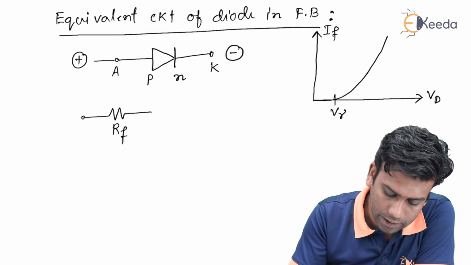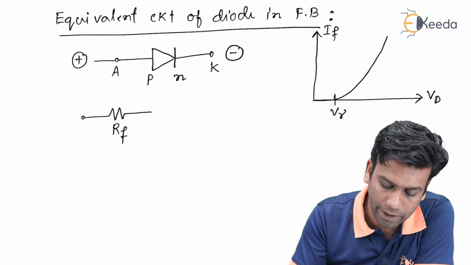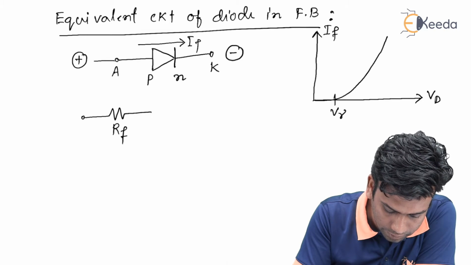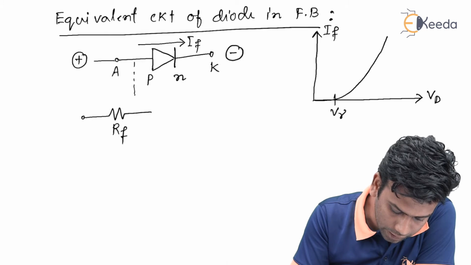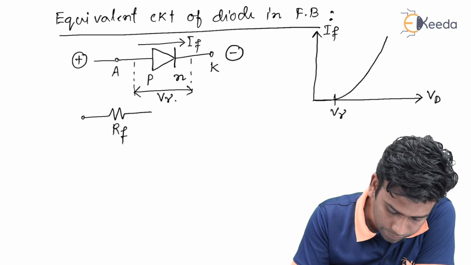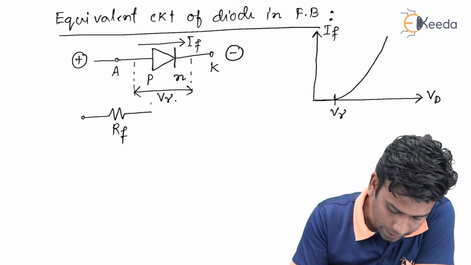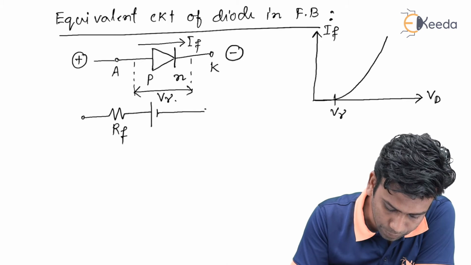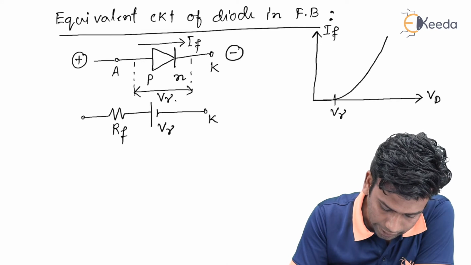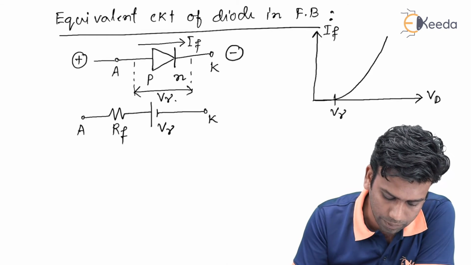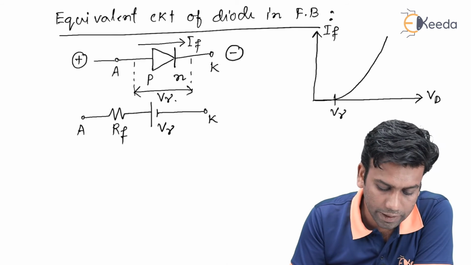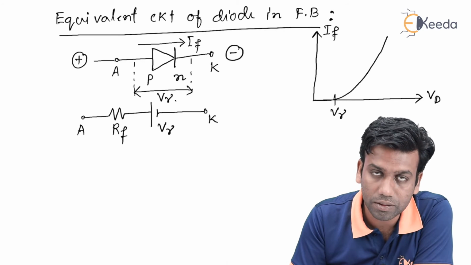There is always a cut-in voltage across the diode, and the current flows in this direction, and across the diode we always get the V gamma potential. So this is V gamma, this is the cathode terminal and this is the anode terminal. This figure is the equivalent circuit of the diode in the forward bias section.